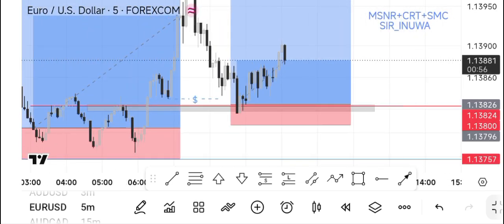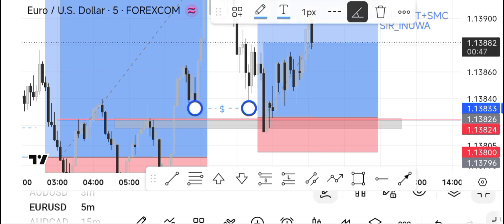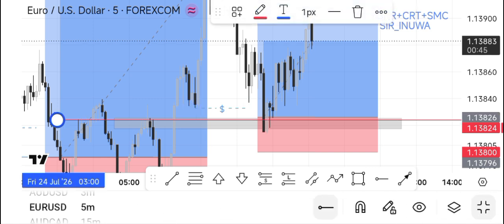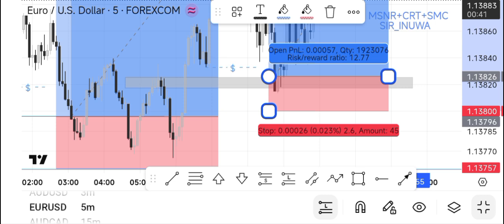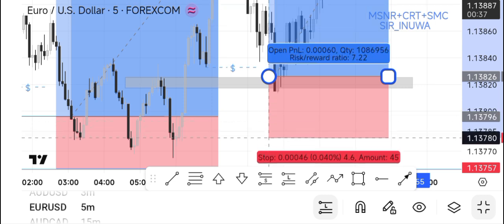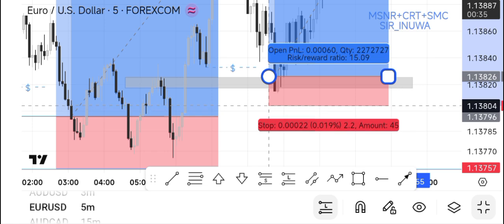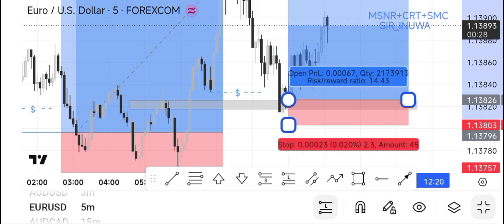And I just mark it. I now just try to find any liquidity near to it. So that's how I get this liquidity here. So that's it. As usual, I usually leave my SL at 5 pips, but I was sure that the market will not use this up.